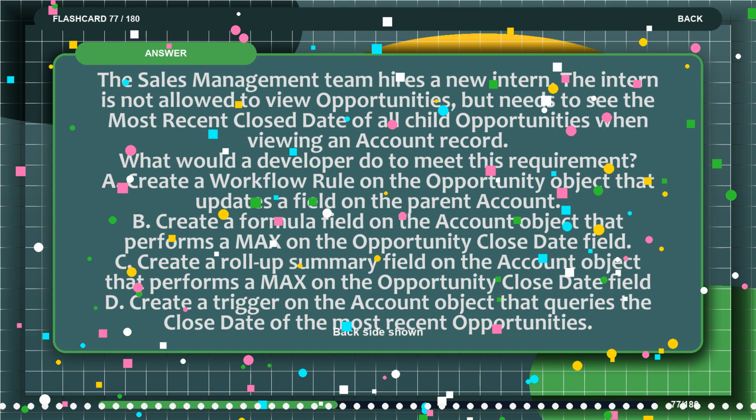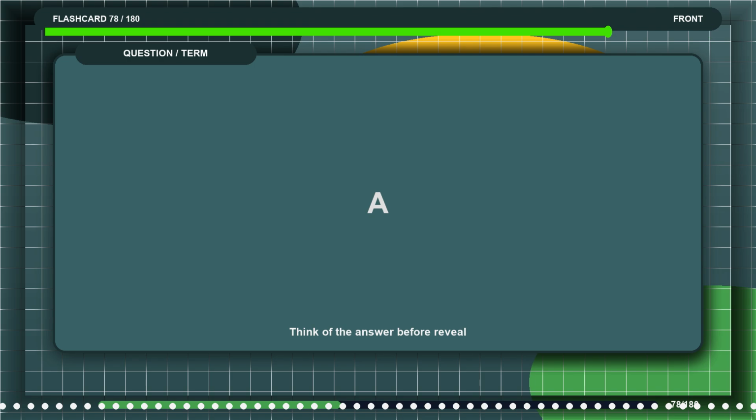B. Create a formula field on the account object that performs a MAX on the opportunity close date field. C. Create a roll-up summary field on the account object that performs a MAX on the opportunity close date field. D. Create a trigger on the account object that queries the close date of the most recent opportunities. Flashcard 78. A. Think of the answer before the reveal.